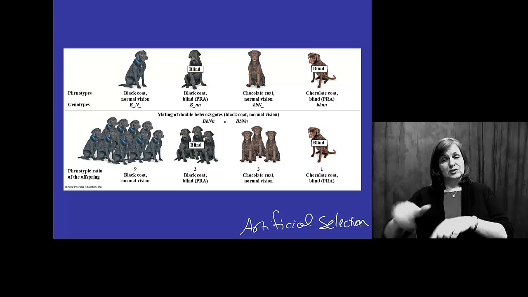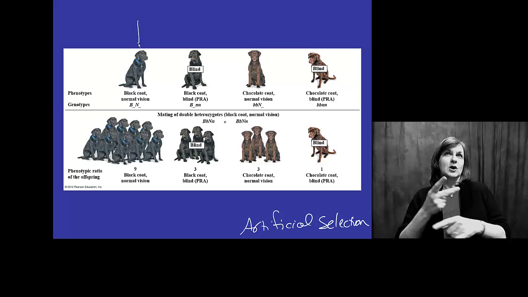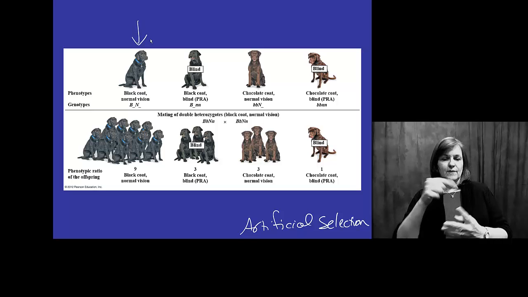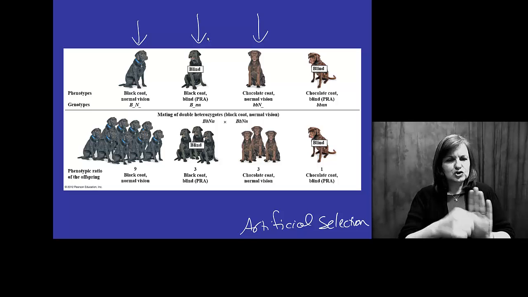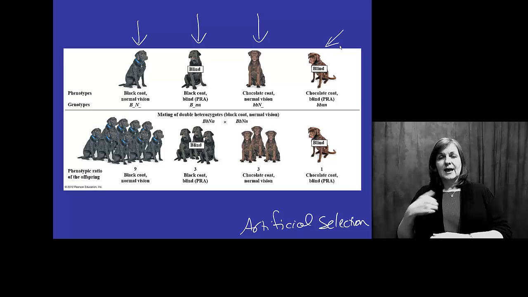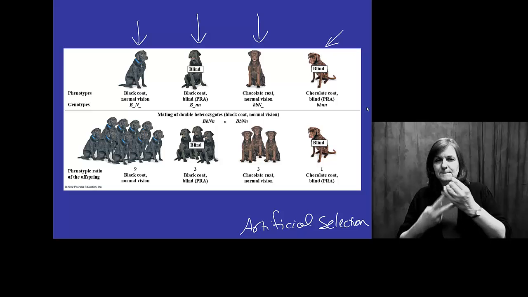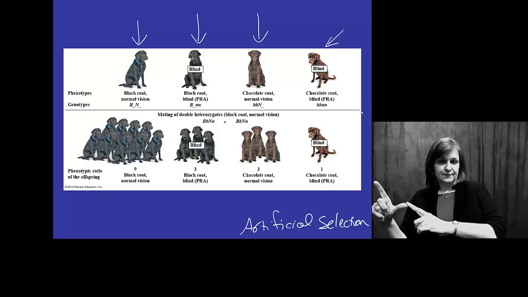But he set this up so that he could consider what the genotypes would be for these individuals, considering their traits. So one dog, this last one over here, is chocolate coated and blind. These are both recessive traits, as you see by the indication of the little letters, right?